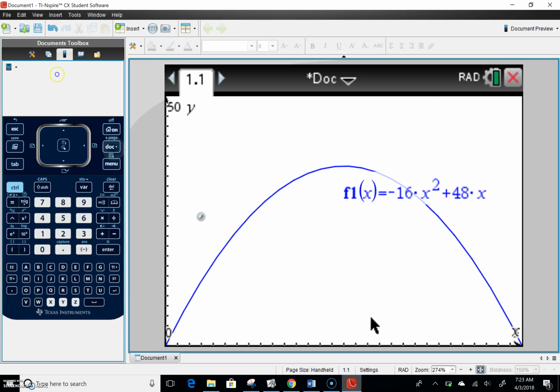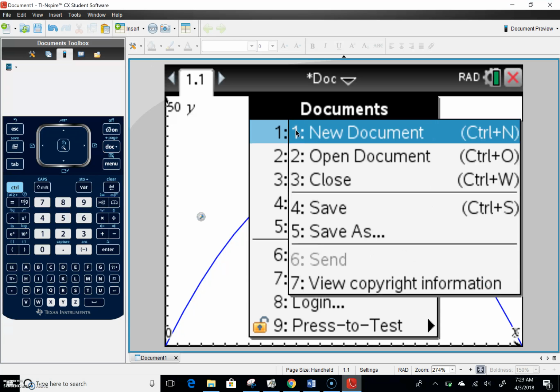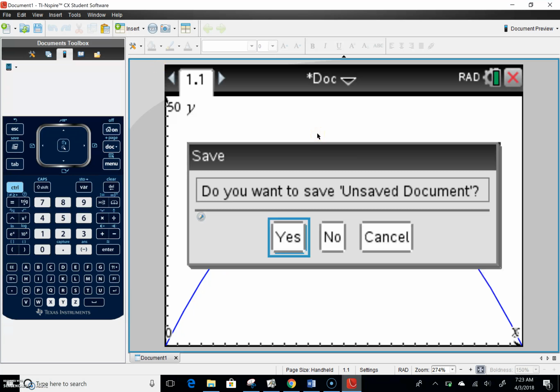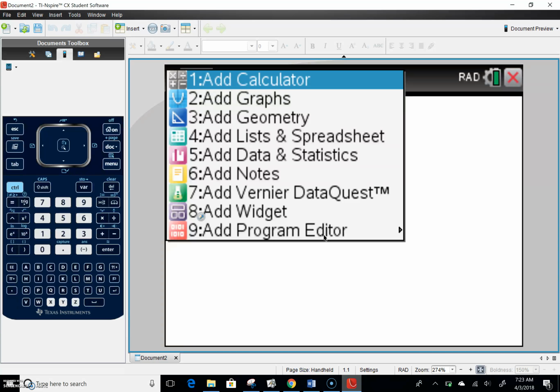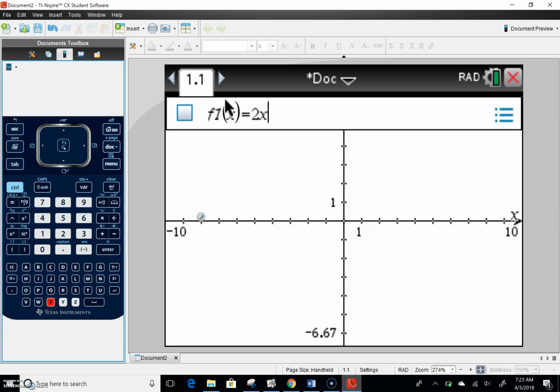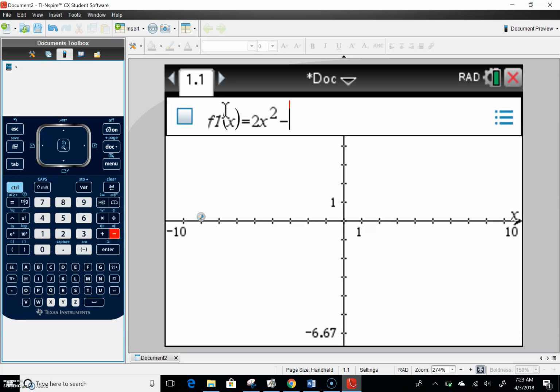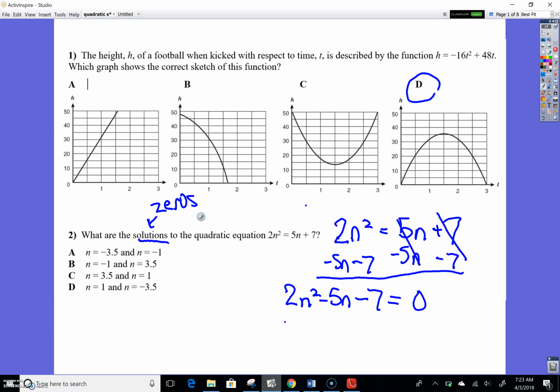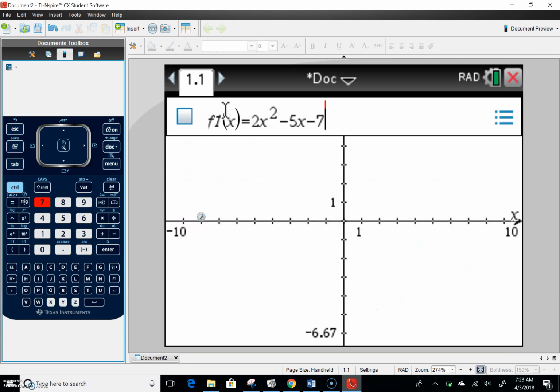So I'm going to go to new graph, and add a graph: 2x squared minus 5x minus 7. Let's make sure that's correct.